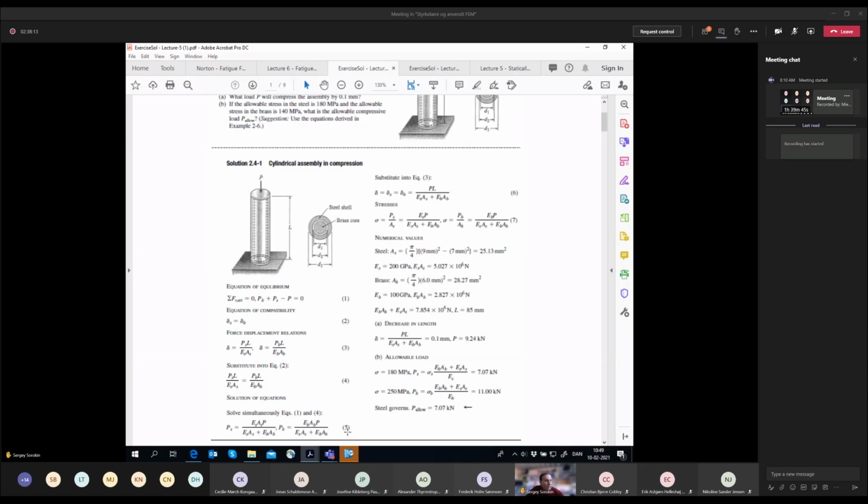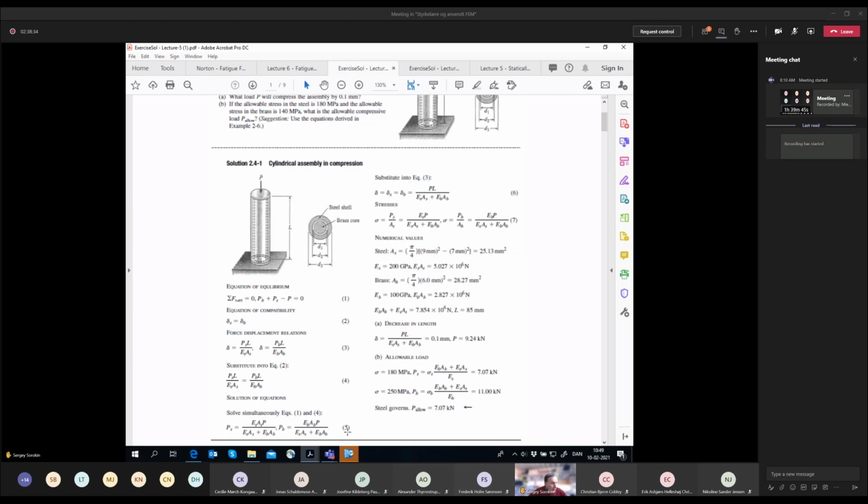I have trouble seeing how. The equation says force over area. How does that get transformed into E module times force over? Yeah, but it's very simple. Please take a closer look at equations 5.